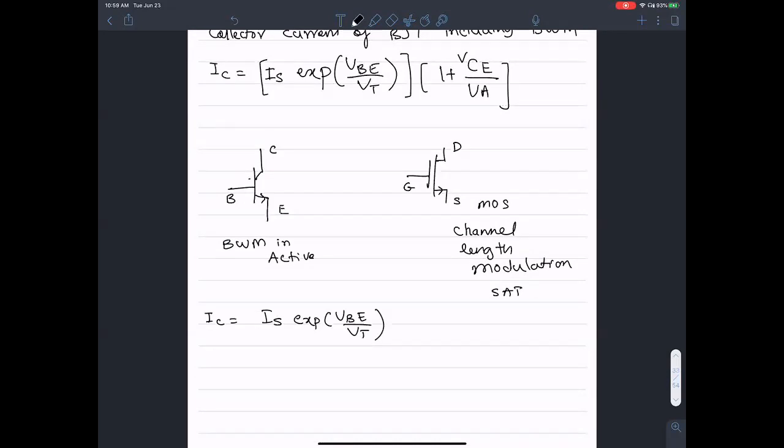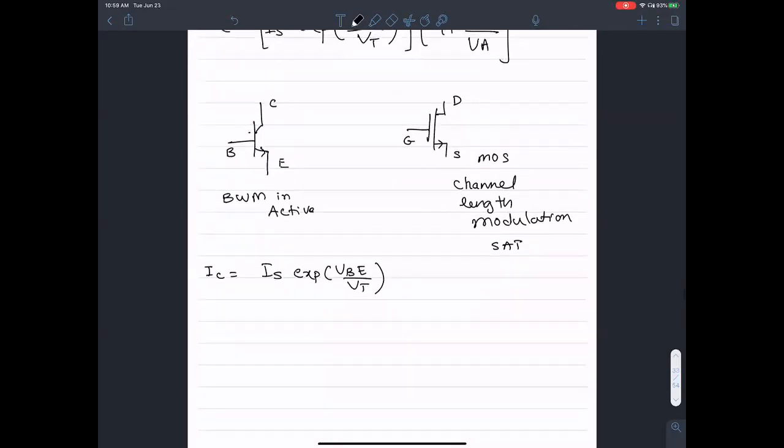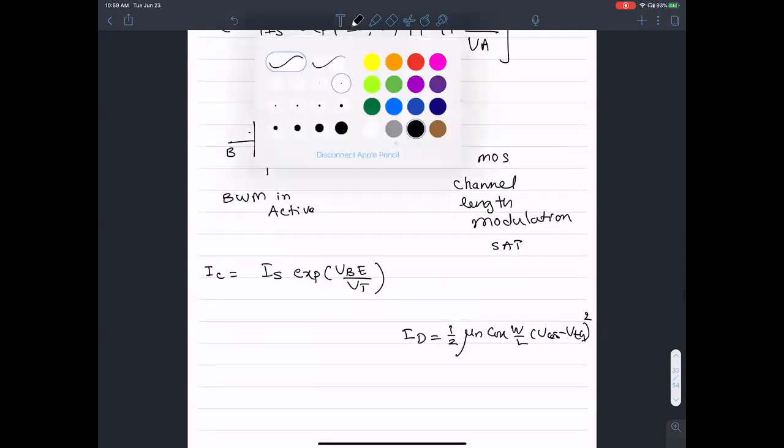Now here, ID equals 1/2 mu n C oxide W over L times (VGS minus V threshold) the whole squared.